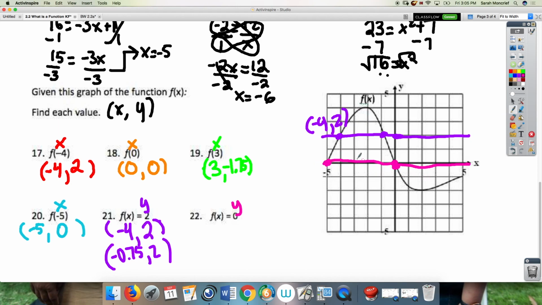Going left to right, where's my first pink dot? Negative 5, comma 0. What's my next pink dot? 0, 0. Very good. So that is how we find these points on a graph.